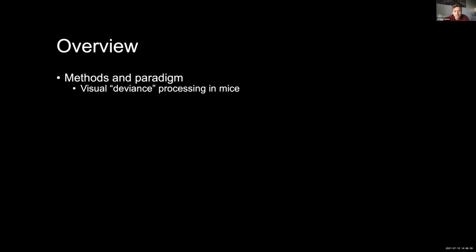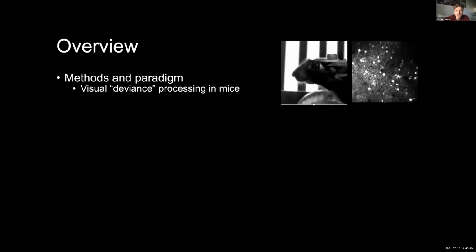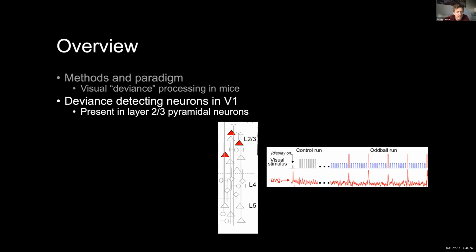First, I'm going to describe the basic methods and paradigm which I use to study visual deviance detection, or deviance processing, in mice. The majority of the data that I'll present come from awake head-fixed mice on a rotating treadmill, and I use 2-photon calcium imaging of visual cortical neurons to measure their activity.